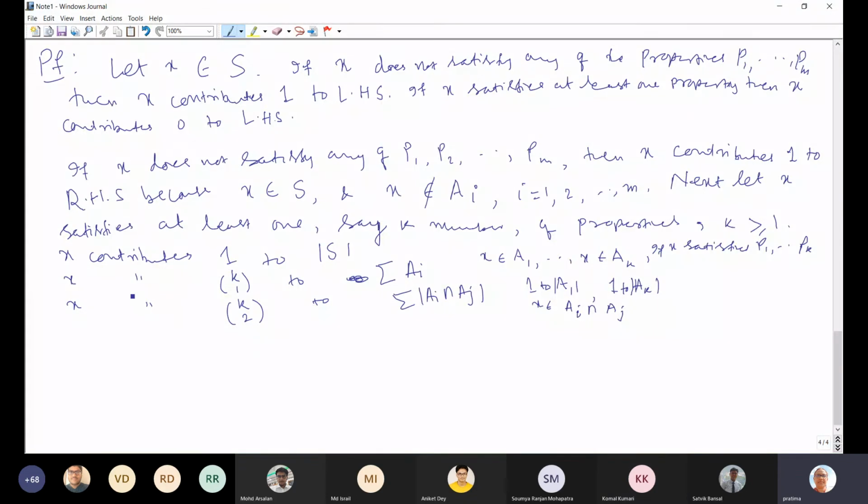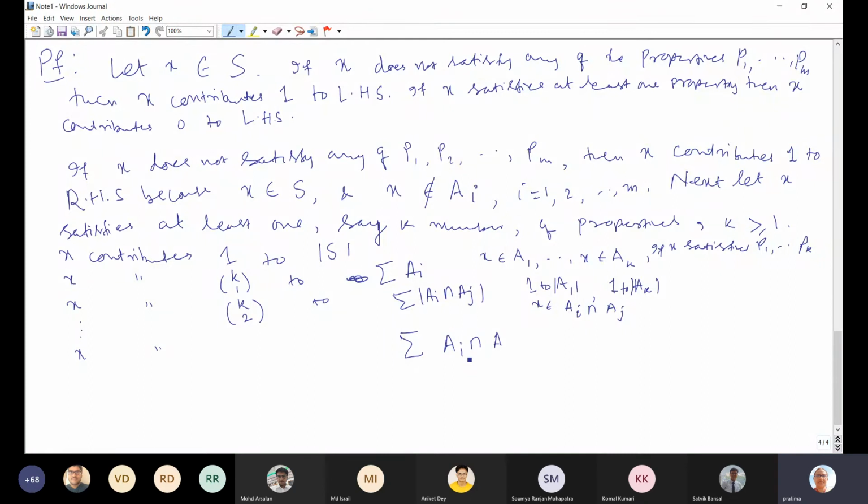So how far can we go? Up to what sum can x contribute? Up to the intersection of k terms, exactly.